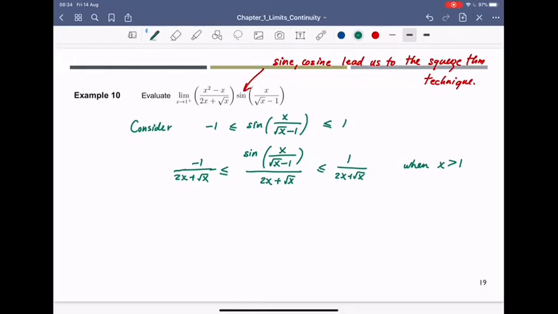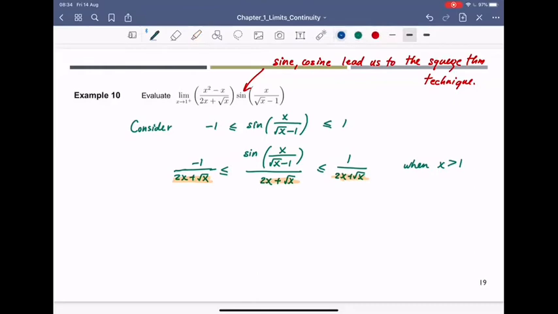And if you divide everything by a positive number, the inequality still holds, right? You have to make sure that the thing you divide by is positive, because if the thing you use in the denominator is negative, the sign is going to change to greater than or equal to. You have to make sure that the thing you attach to the inequality is positive first. So this thing is good now.